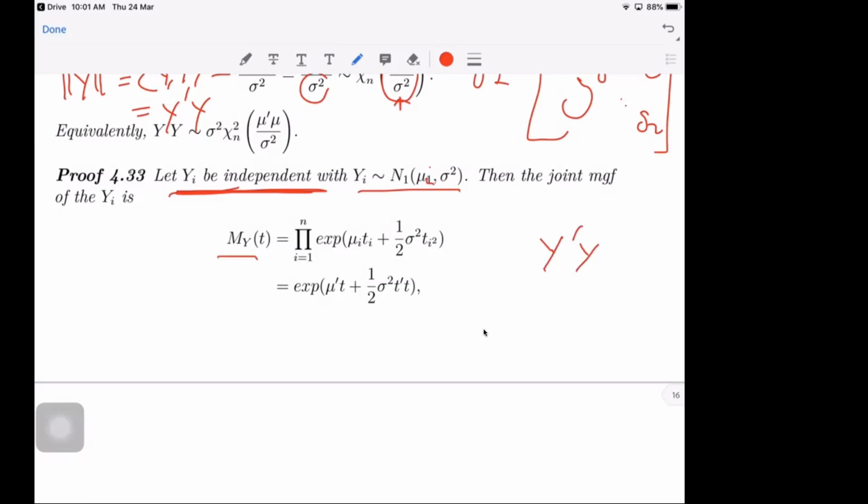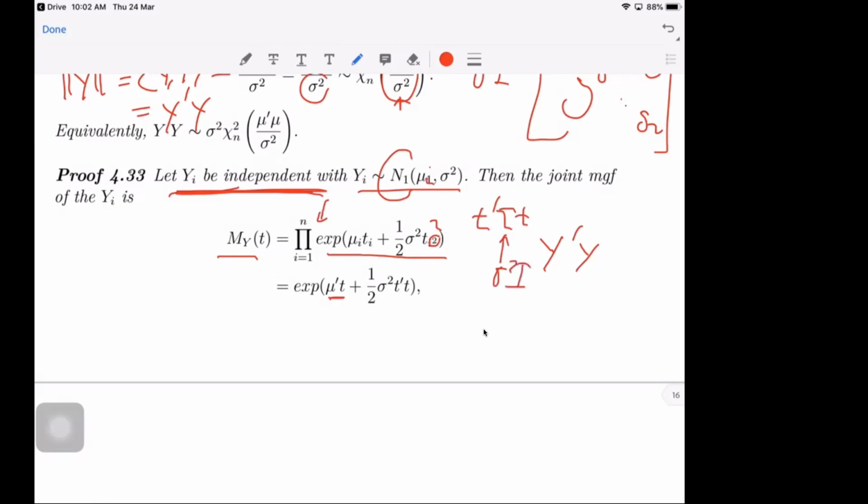The moment generating function for a normal is e to the mu prime t, and the product here is just for independence, and then t prime sigma t will be the exponent.